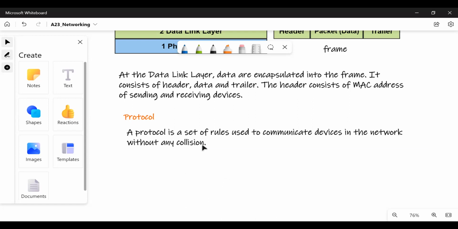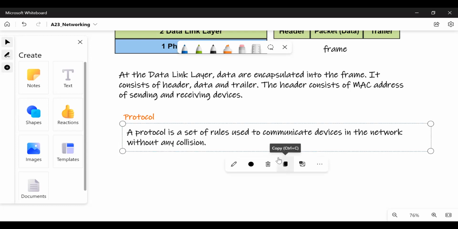So there are many things that we can discuss, but let's talk about bus topology. In a bus topology, you remember the bus topology? We have a main wire and then we have computers.